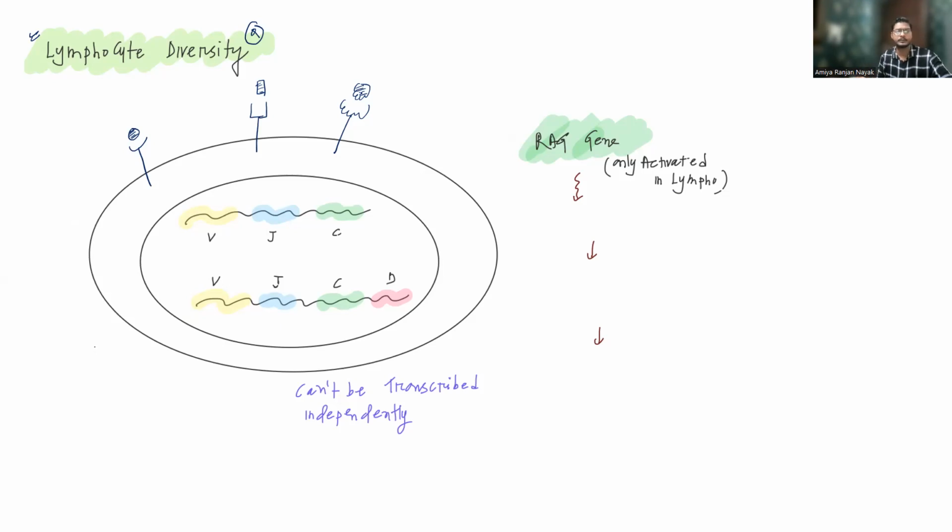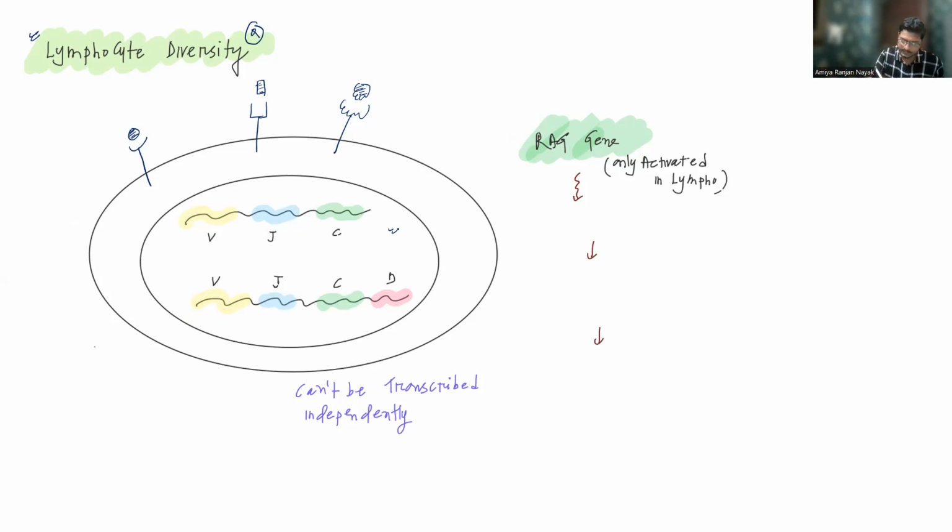Now, how is this possible? How is it possible to make different receptors for different lymphocytes? That is because of the VDJ recombination that is happening at the genetic level. We have already discussed that the genes for the lymphocyte receptors are present as gene clusters in the chromosome.